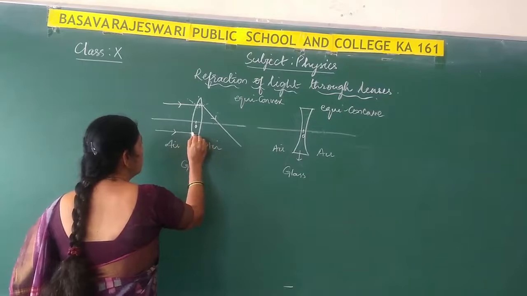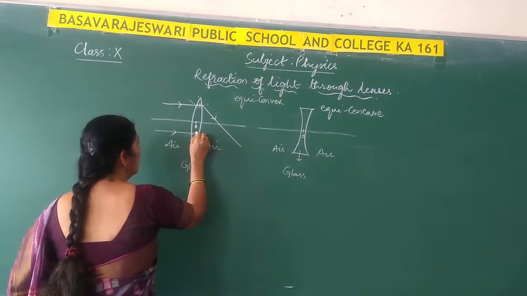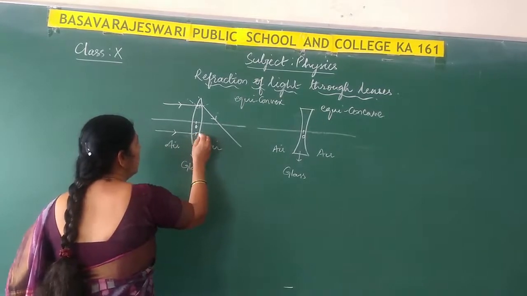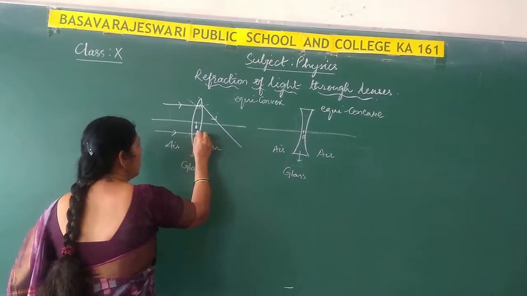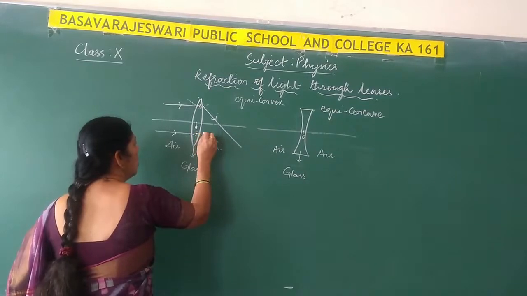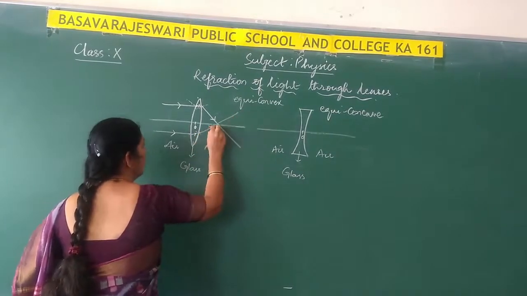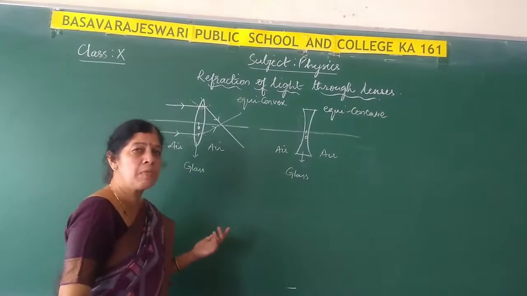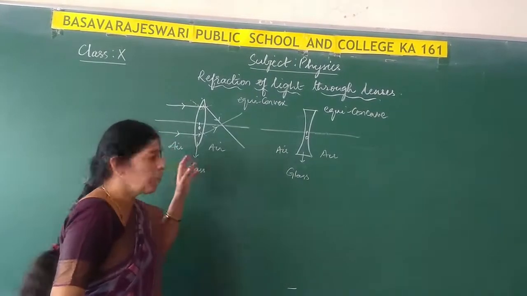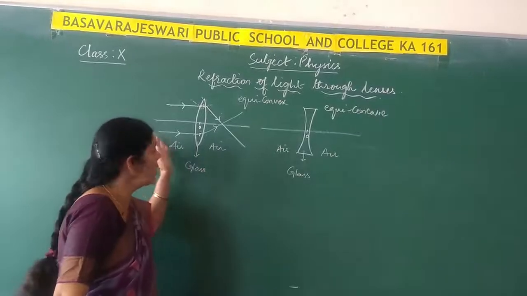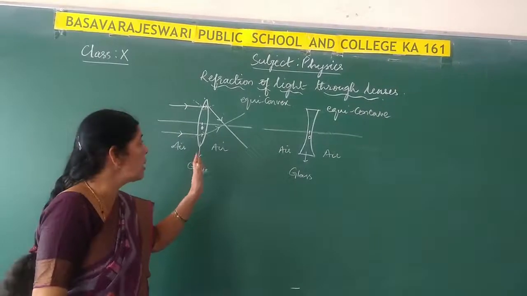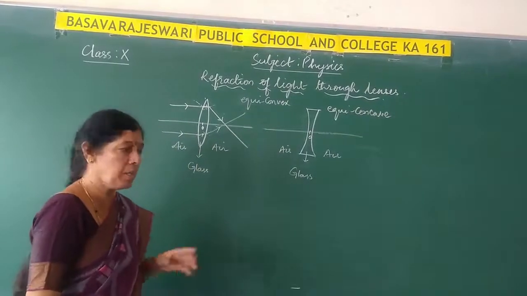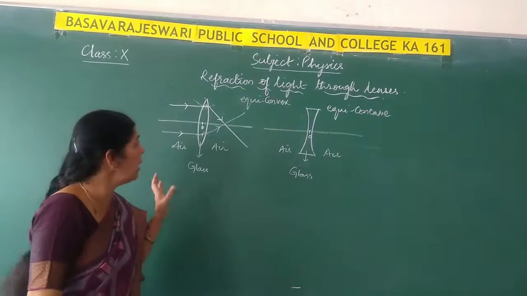Rarer to denser, it bends towards the normal. And again here, the light ray is traveling from denser to rarer. Here again you draw the normal, it bends away from the normal. So in the previous session I told you a convex lens is a converging lens. So if you take any number of rays, all the rays after refraction through the lens will converge at a point, and hence it is called a converging lens.